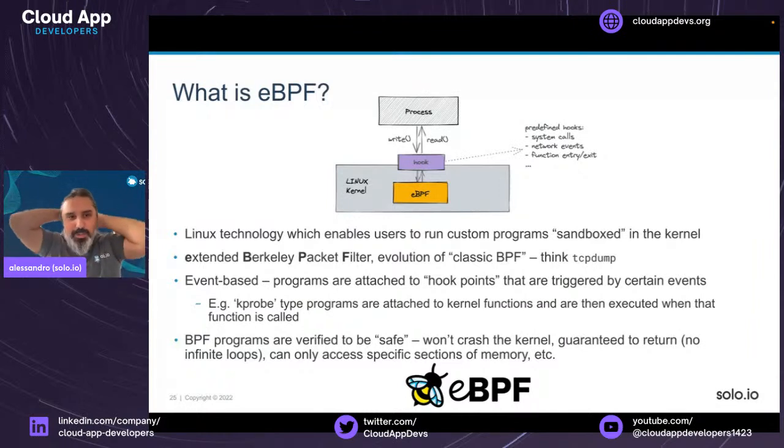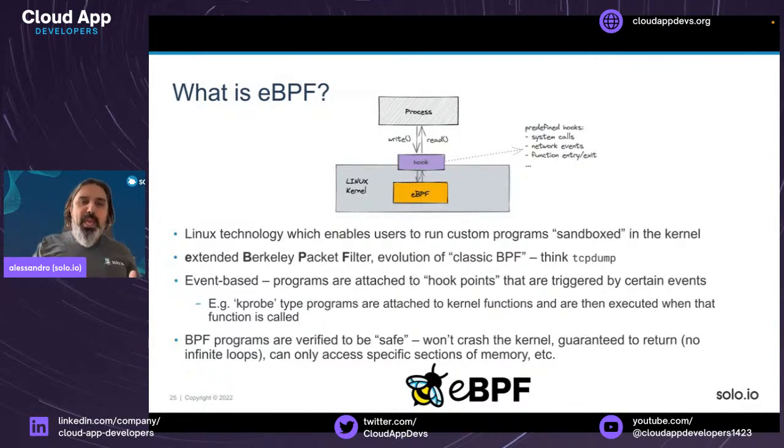So rightly so, the Linux kernel is very protective about what can execute and what should execute. But this limits a bit what application user space can do, because sometimes you need to interact with kernel-level primitives like the packet filter or the network interface, or interact more closely with the file system.